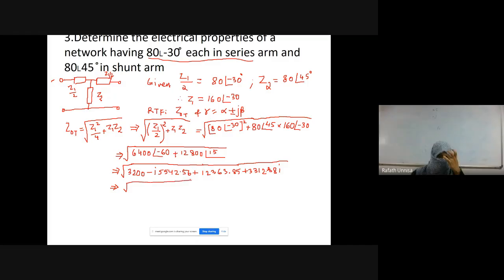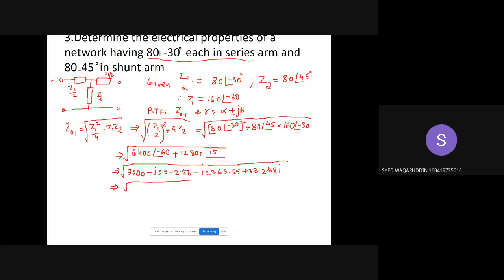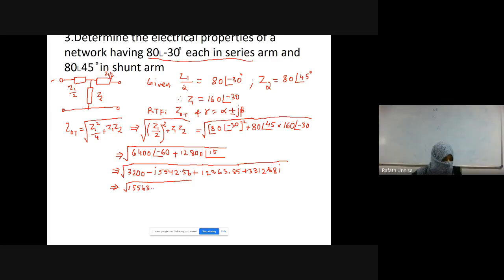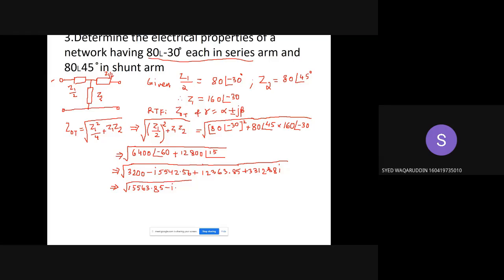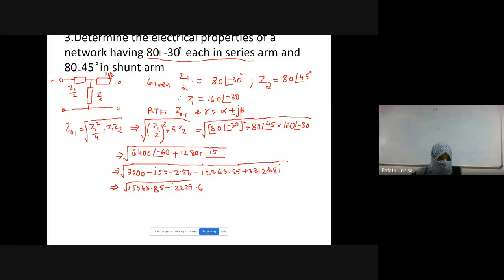So 3200 plus 12363.85, how much are we getting? 15563.85. What about the imaginary term? Minus j5542.56 plus j3312.88 gives minus j2229.67.